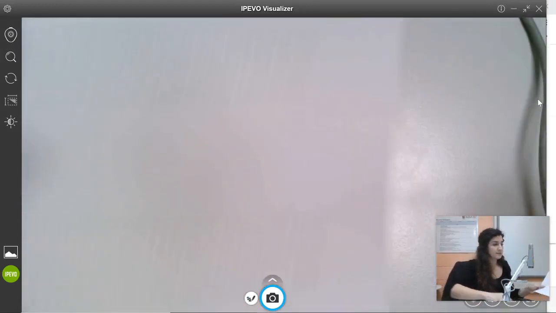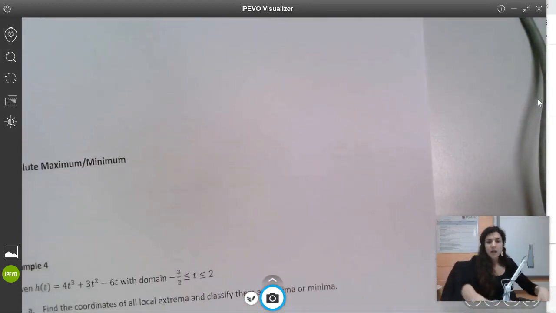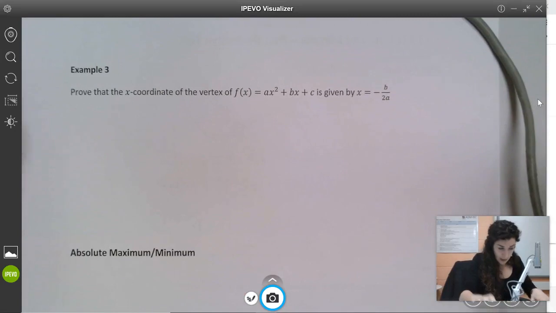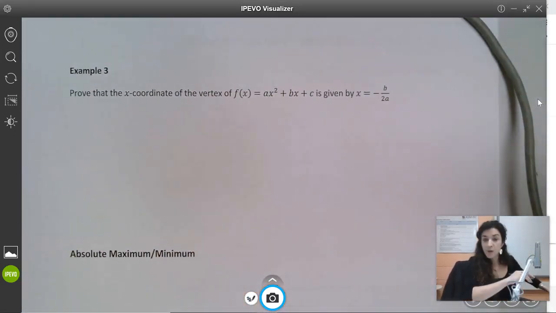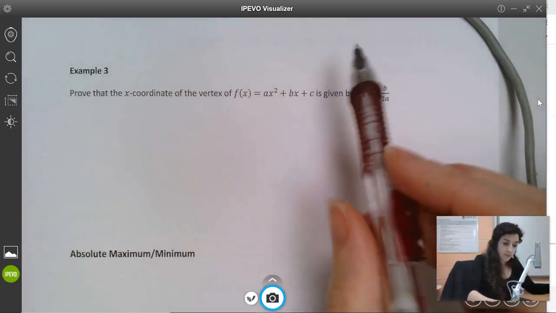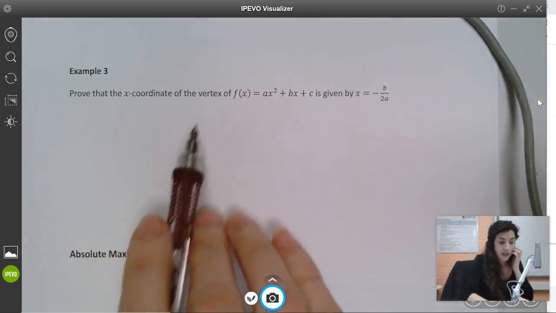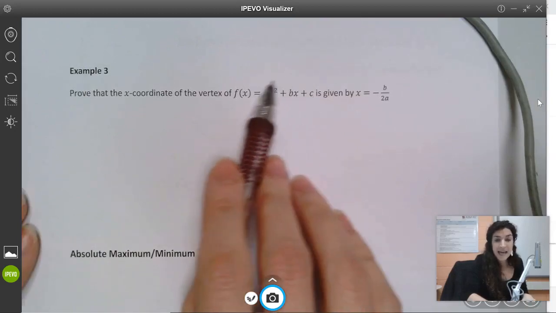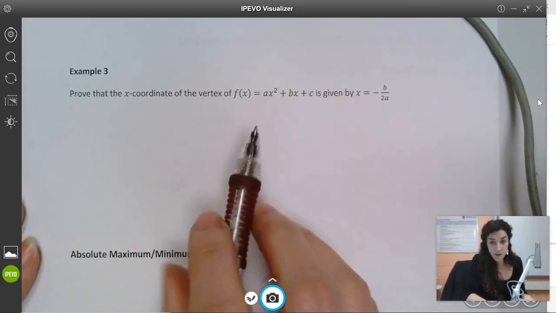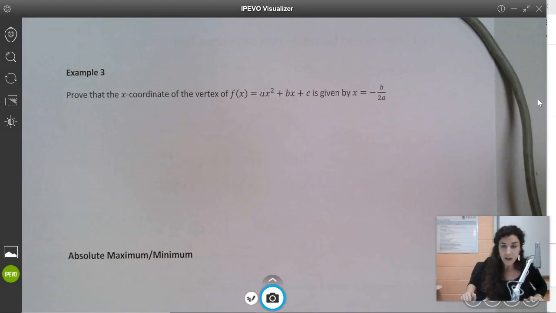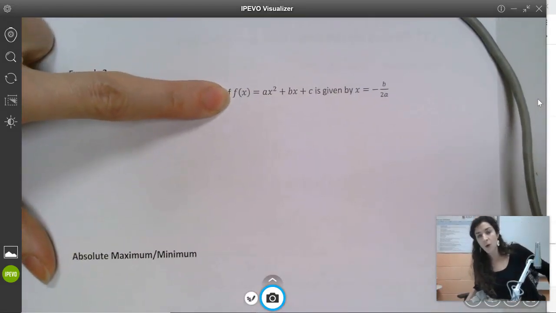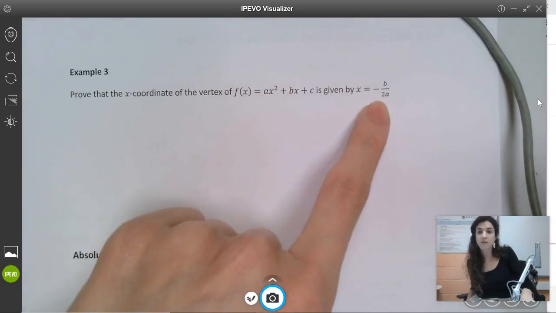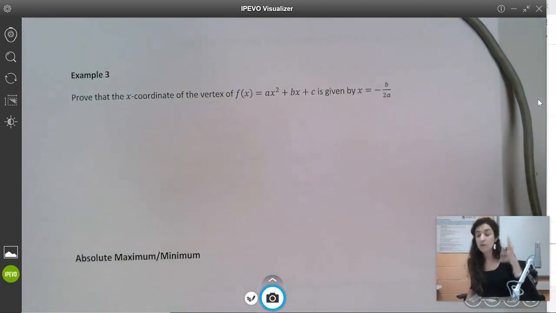Okay. Moving on. Really quickly, we're going to do something that I think is pretty cool, and hopefully a few of you think that is pretty cool as well. We're going to prove that the x-coordinate of the vertex of any quadratic, no numbers, but it's okay, of any quadratic we could possibly think of, will have an x-coordinate of a vertex of this, which we've learned.